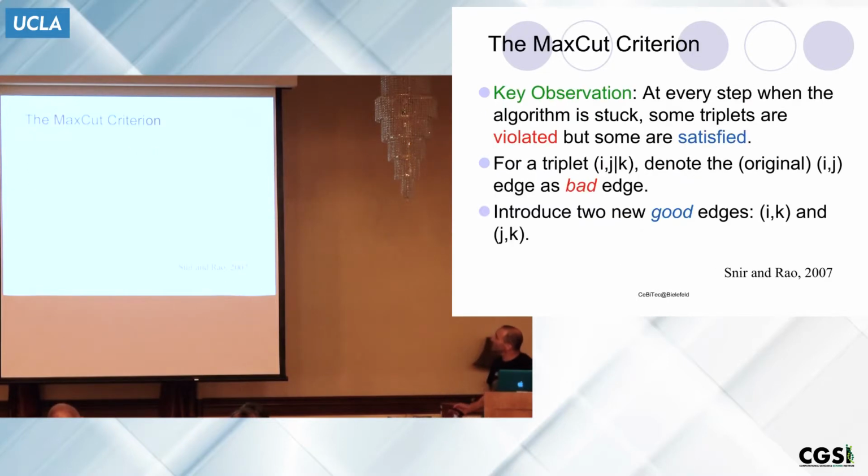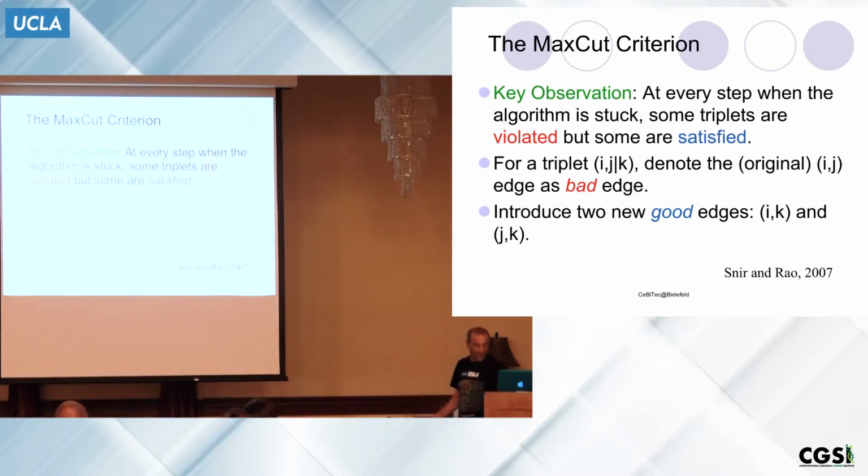Now, quite a long time ago, we came up with this idea. And the idea is this. At every step, when the algorithm is stuck, and this returns back to what David asked in the beginning, some triplets are violated, but some are satisfied. The triplets that vanished, that were between one side and the other side, they were satisfied, okay?